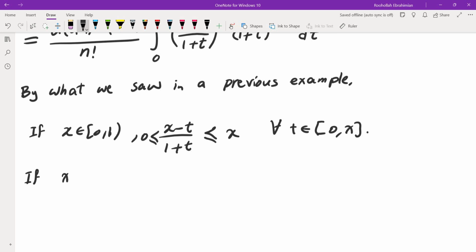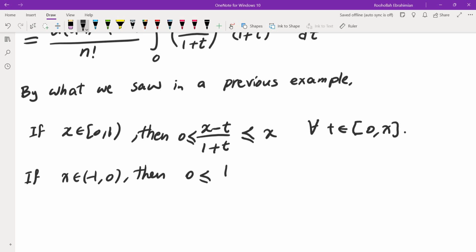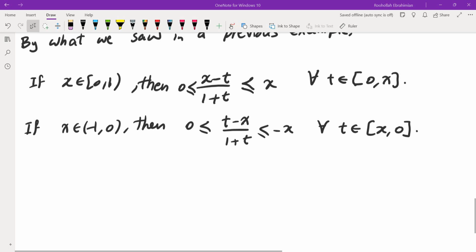And if x is between −1 and 0, we have the same inequality, except it is −x, not x. Then 0 is less than or equal to t−x over 1+t; here t−x is positive, so we have this.